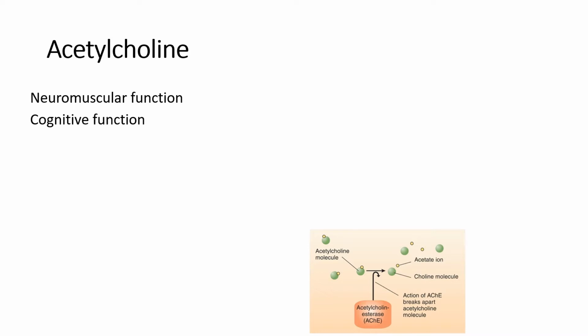Now we've got acetylcholine. This is one relating to neuromuscular function and cognitive function. The ones relating to this are things like nicotine. There's a receptor called the nicotinic receptor. It's where nicotine binds. However, it isn't only nicotine that binds to it.